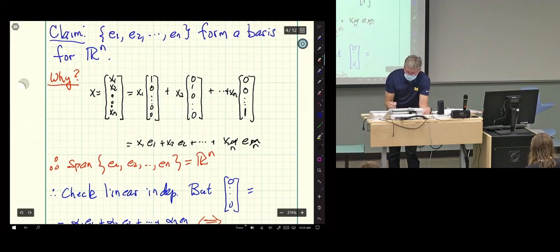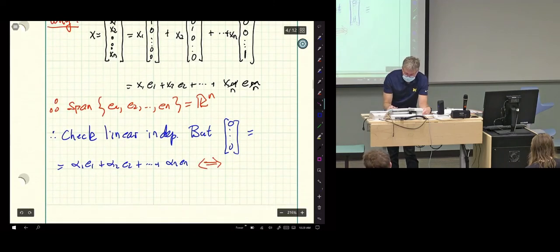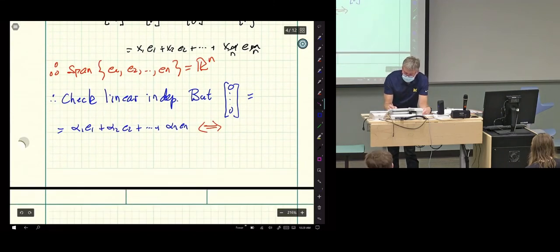The only way to do that is if we take all of the coefficients equal to 0. So if any of them is not 0, we don't get the 0 vector. So that's linear independence.